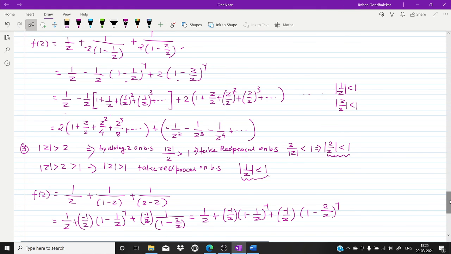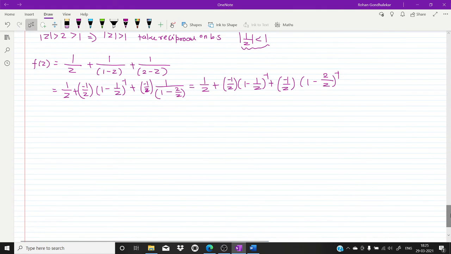Is it? Now further, apply your standard expansions. The first term 1/z as it is. The second term is −1/z, so I write this as −1/z into bracket 1 − variable raised to −1, whose expansion is 1 + variable + variable² + and so on.